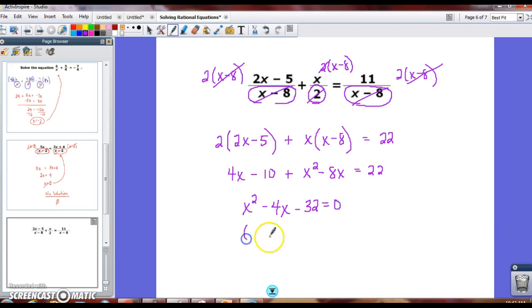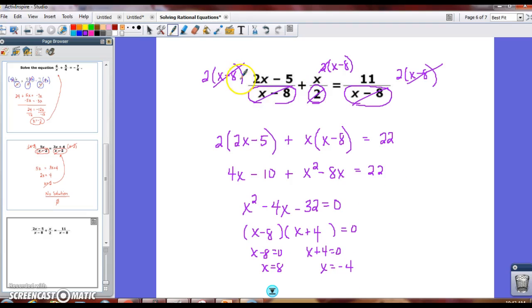Now I'm going to factor. Two numbers that add to negative 4 and multiply to negative 32 would be x minus 8 and x plus 4. Solve both of those. Here I end up with x equals 8. Here I end up with x equals negative 4.